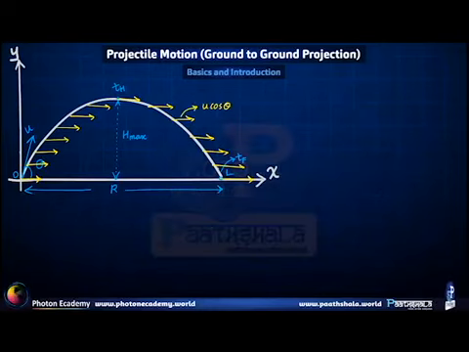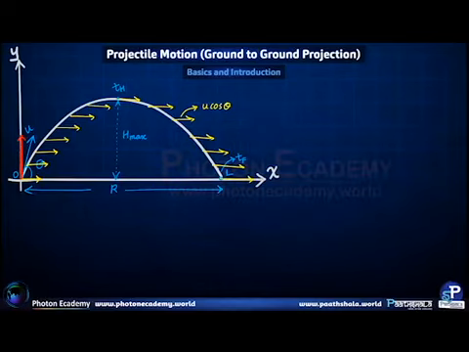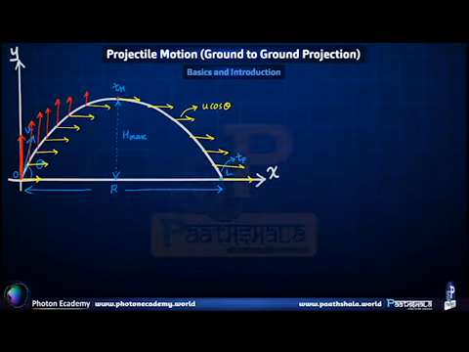Now what happens in the y direction is just motion under gravity. The initial velocity in the y direction is u sin theta, again according to vector resolution along the x and y axes. This is the red vector that I have drawn. Since it is motion under gravity, the magnitude of u sin theta decreases with time, and at the highest point you get 0 vertical velocity.